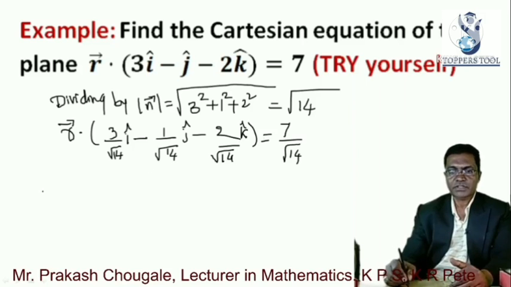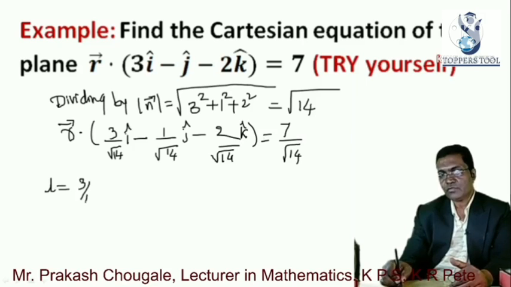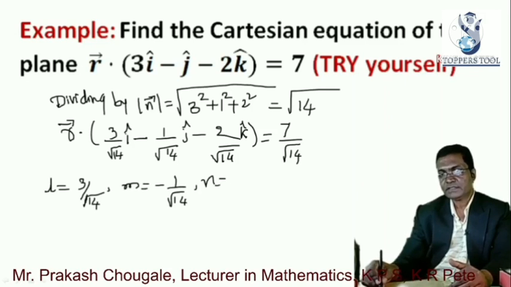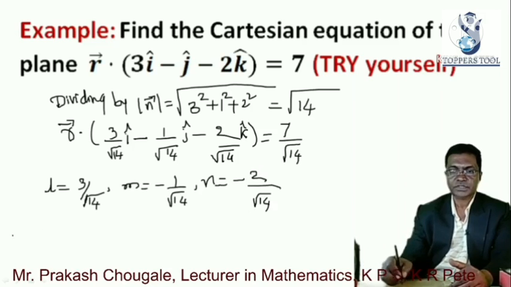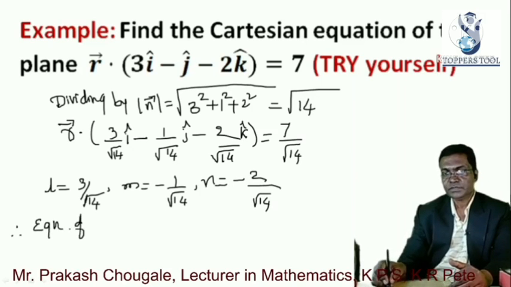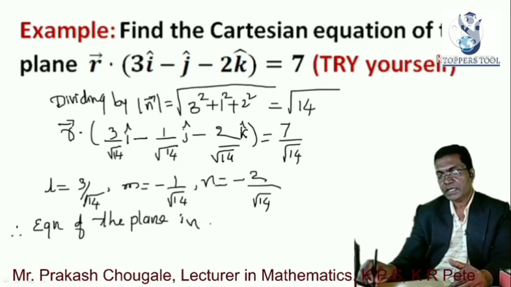So from this you can write L is equal to 3 by root 14, M is equal to minus 1 by root 14, and N is minus 2 by root 14. So therefore the equation of the plane in Cartesian form.